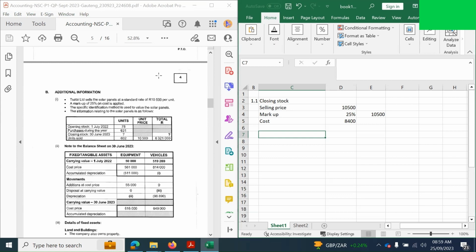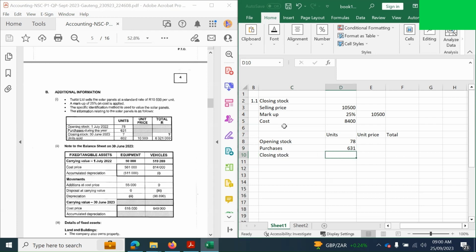The information relating to solar panels is as follows. Okay, so they've provided us with additional information there. So opening stock. All right, so this is units, unit price, and total. So we know we have 78 in opening stock in terms of units. Purchases 631 and closing stock.